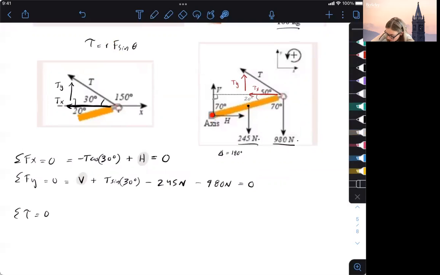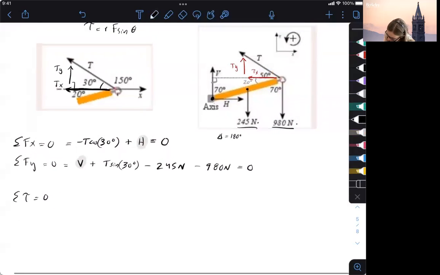So if we pick a point with unknown forces, they're going to be at r equals 0, so they drop out of our equation. If I pick this pivot point here, I'm going to have these forces and then tension acting, and so I can just solve for tension. That lets me get my tension, and then I can use the tension here and here to get H and V. So that's what I'm going to do.